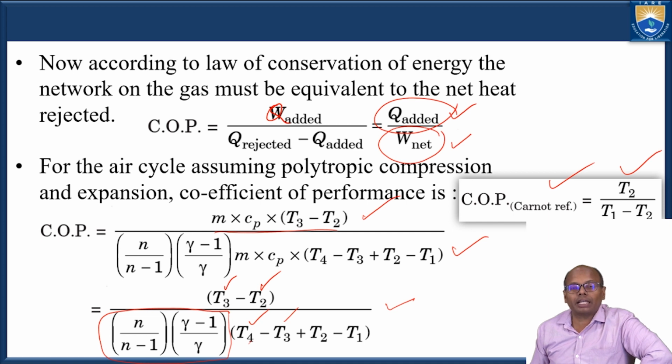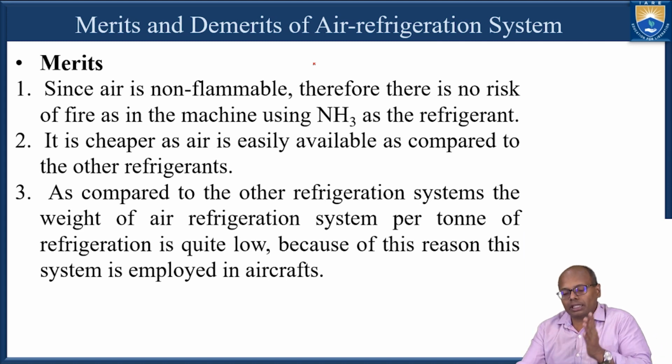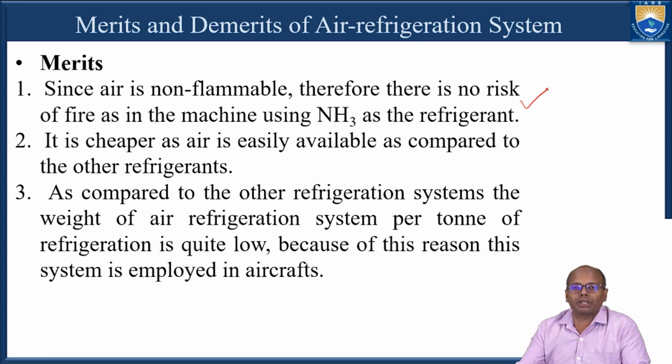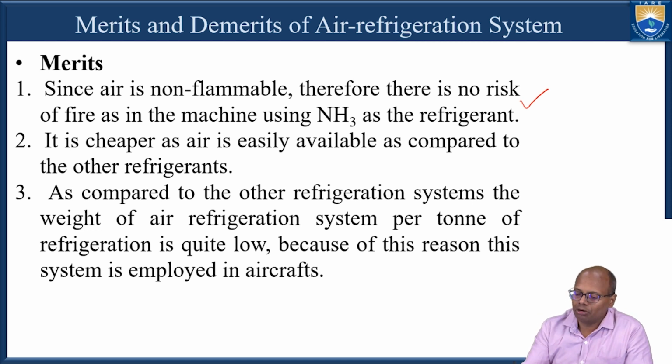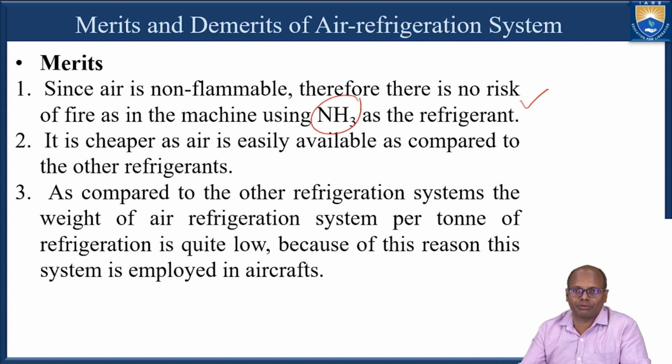Now coming to the advantages and disadvantages of the air refrigeration system or the reversed Brayton cycle. So this is compared to the VCR, the vapor compression refrigeration cycle. If I compare the reversed Brayton cycle with the vapor compression refrigeration cycle, where we use NH3 as ammonia as refrigerant.